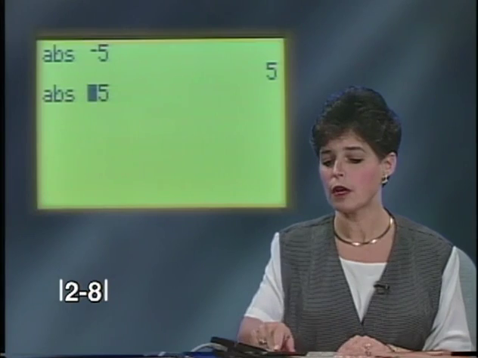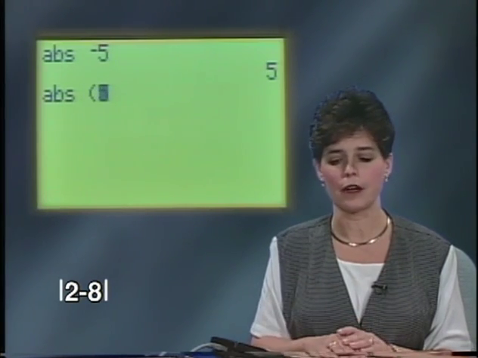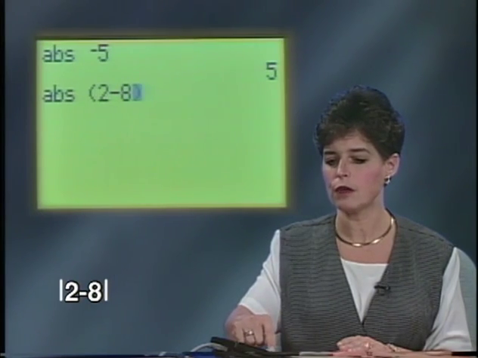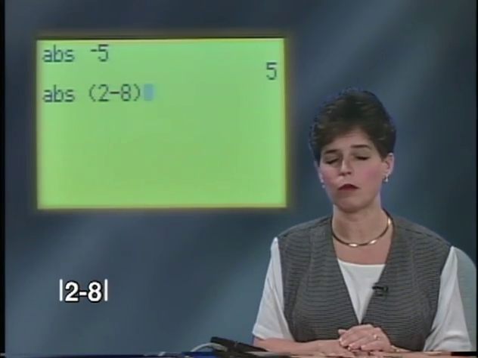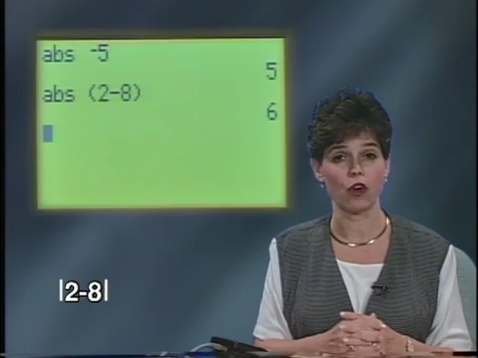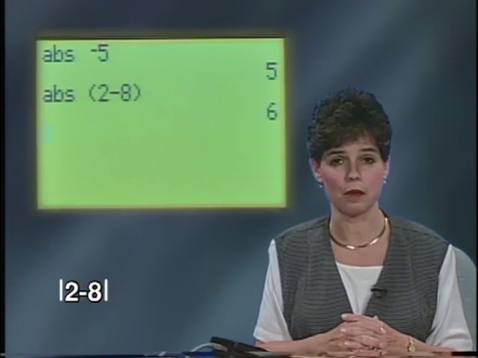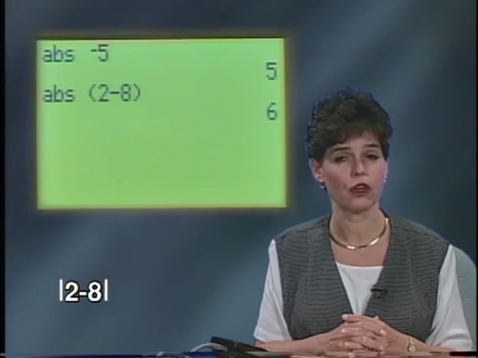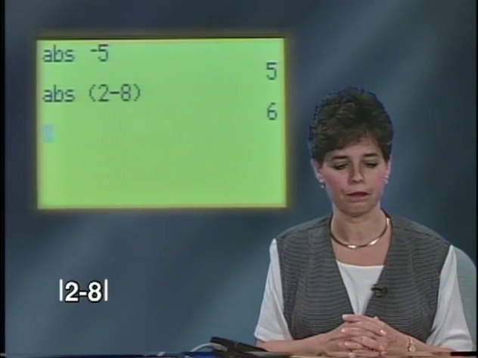So I will just place the parenthesis on top of that negative, 2, subtract 8, close the parenthesis, and the previous problem has been covered up. Press enter, and you get the answer that I hope you were expecting, because of course the absolute value of 2 minus 8 is the absolute value of -6, which is 6.